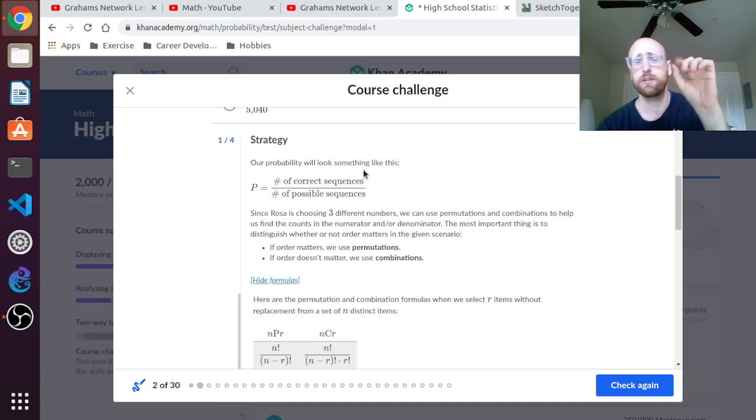So the probability is that one correct sequence divided by the number of possible sequences, which we know is 720, because the number of possible sequences is equal to the total number of options factorial divided by the result of the total number of options minus the total number of choices factorial, which in our case is 720.